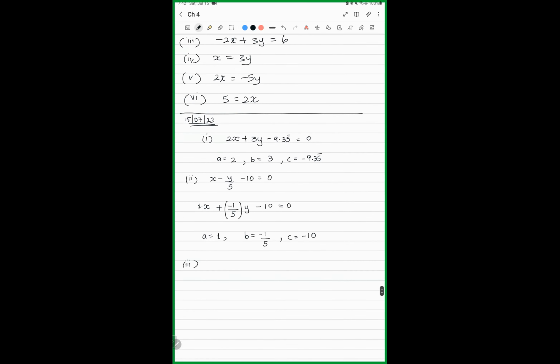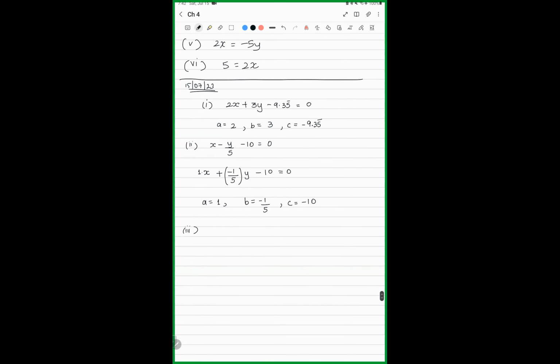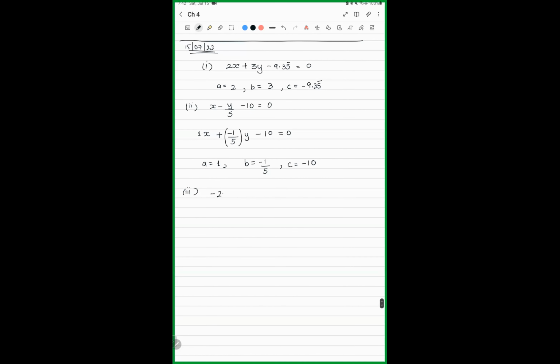Okay. Minus 2x plus 3y is equal to 6. First write it in the standard form.